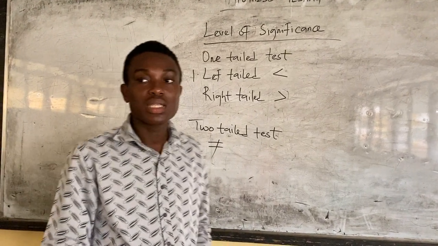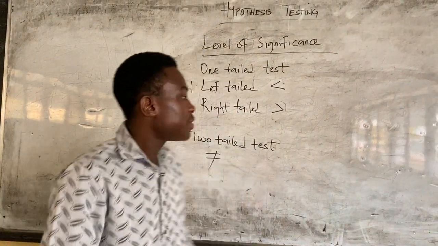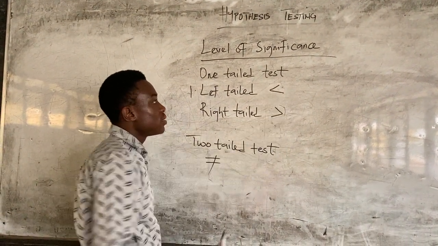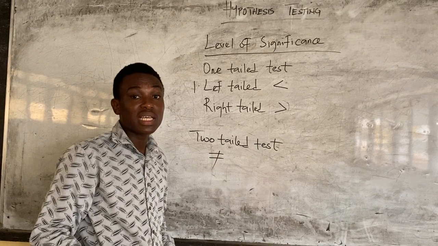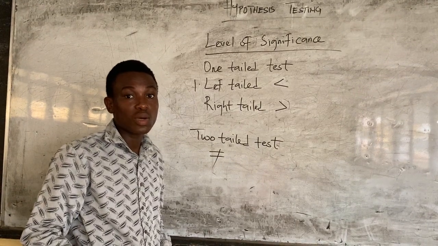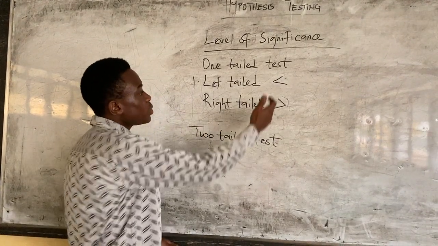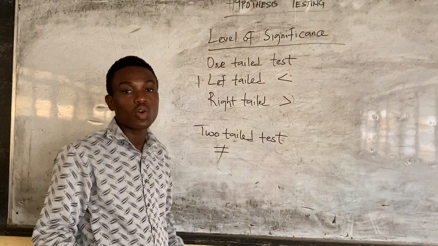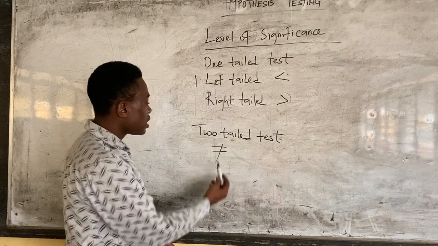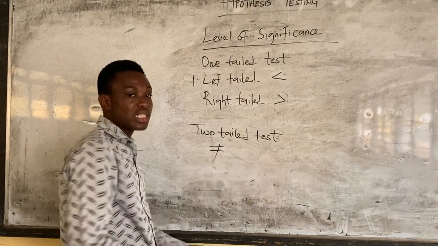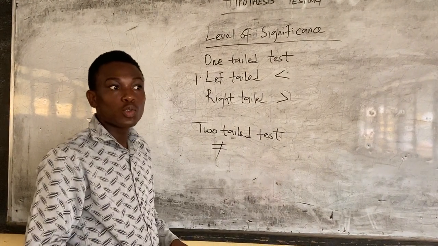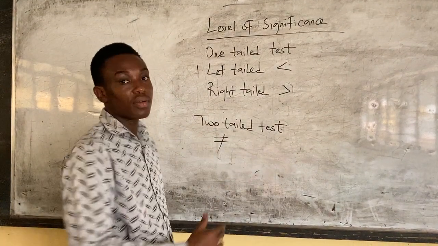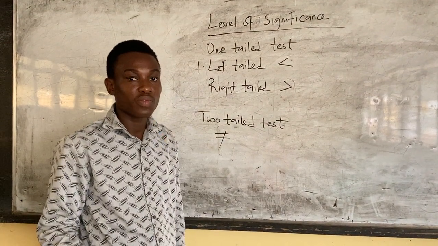So for any hypothetical question, if the less than or greater than is used in stating the alternative hypothesis, then it's a one-tailed test. But the specific one that is used will help you determine whether it is left-tailed or right-tailed. But when the not equal to is used in a question, then it means it's a two-tailed test. Two-tailed simply means it is both left and right. That's what it means for a two-tailed test.